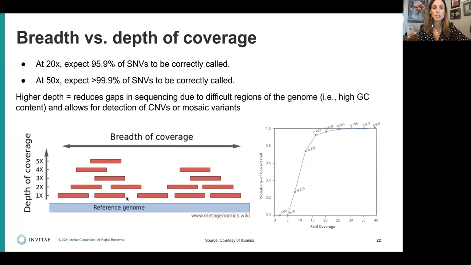But as you continue to add depth of coverage with additional fragments, you get overlap and close some of these gaps, so that you can see with greater depth of coverage, you have greater coverage of the reference genome or greater breadth of coverage. So a greater likelihood that you're going to find all of the variations present within the gene in question.